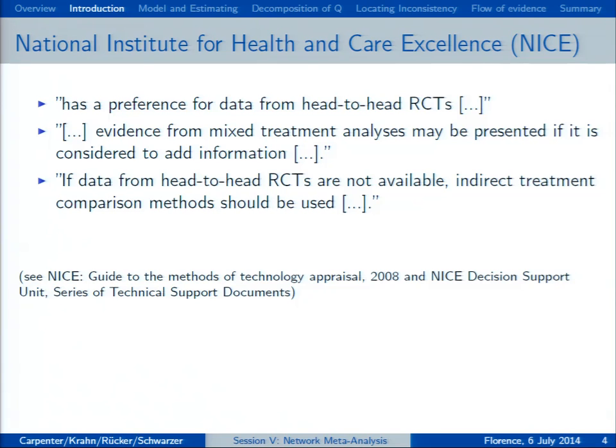But when there is evidence from mixed treatment analysis, and if this adds information, we can also consider this in the analysis. And if data from head-to-head randomized clinical trials are not available, we can use indirect treatment comparisons as well, which is a part of network meta-analysis.